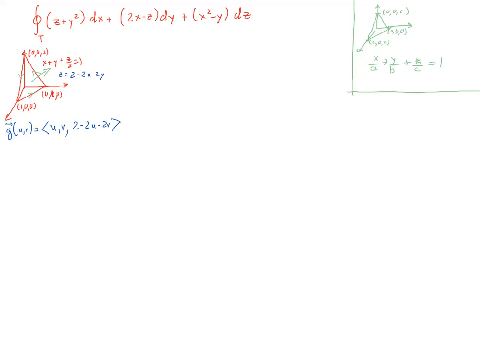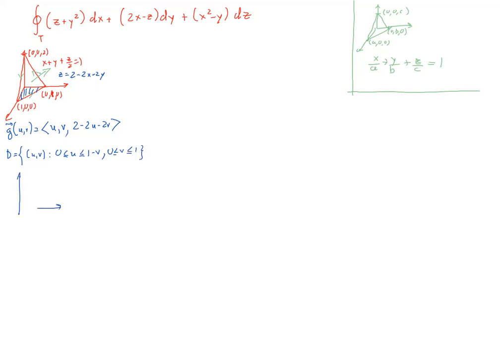So we can think of this triangle as a graph of this particular function. On which domain? On this domain. Let's describe this domain. Let's call it D. This is all u's and v's such that u is between 0 and 1 minus v, and v is between 0 and 1.